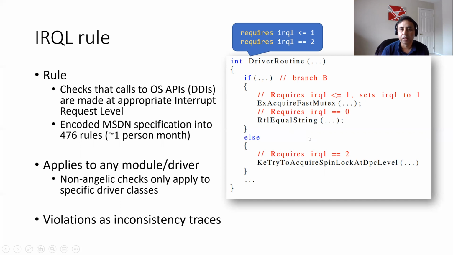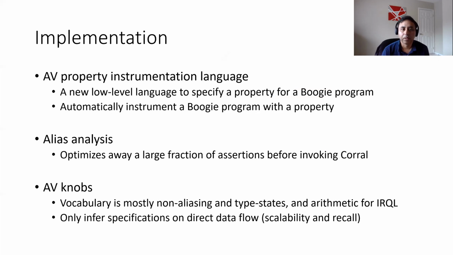For the second branch, the IRQL has to be less than or equal to 2. Each by themselves is perfectly reasonable, but when they combine, they lead to an inconsistent specification, false. And we say this is an inconsistent trace, a pair of traces, because the evidence is actually two traces, not just one trace. So this was quite useful in the context of IRQL rules.